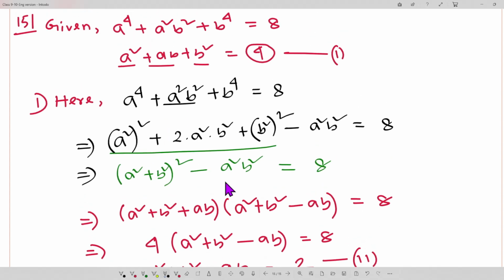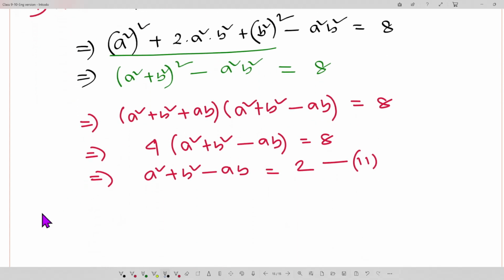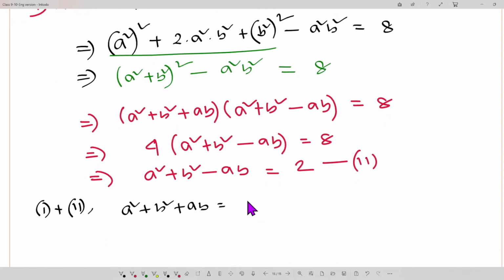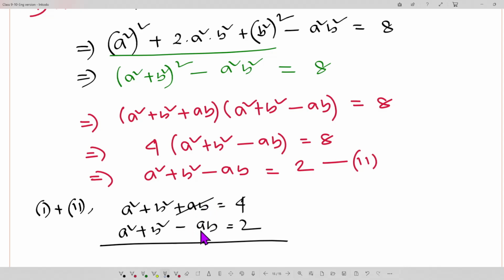If we add equation 1 plus equation 2: a squared plus ab plus b squared equals 4, and a squared plus b squared minus ab equals 2. Once you add, plus ab and minus ab cancel out, so 2a squared plus 2b squared equals 4 plus 2, which is 6.